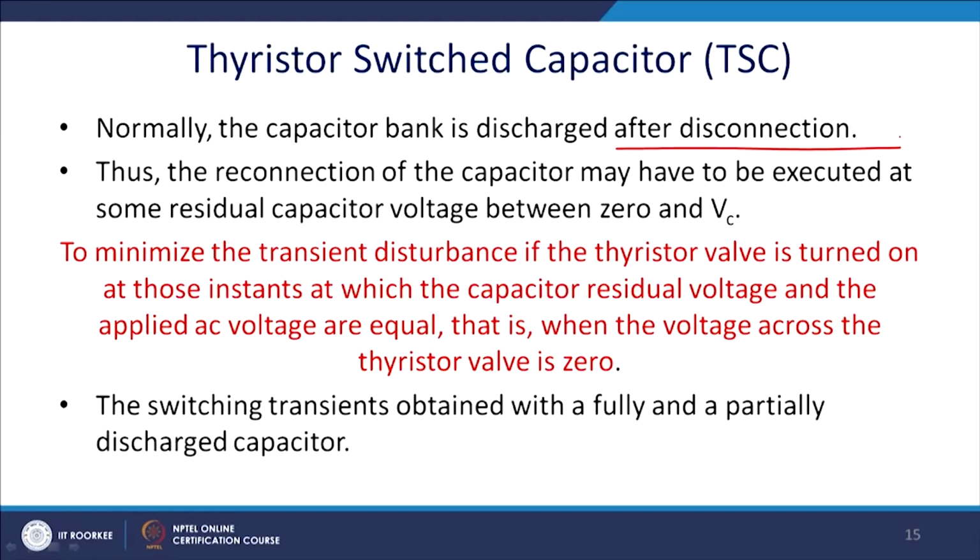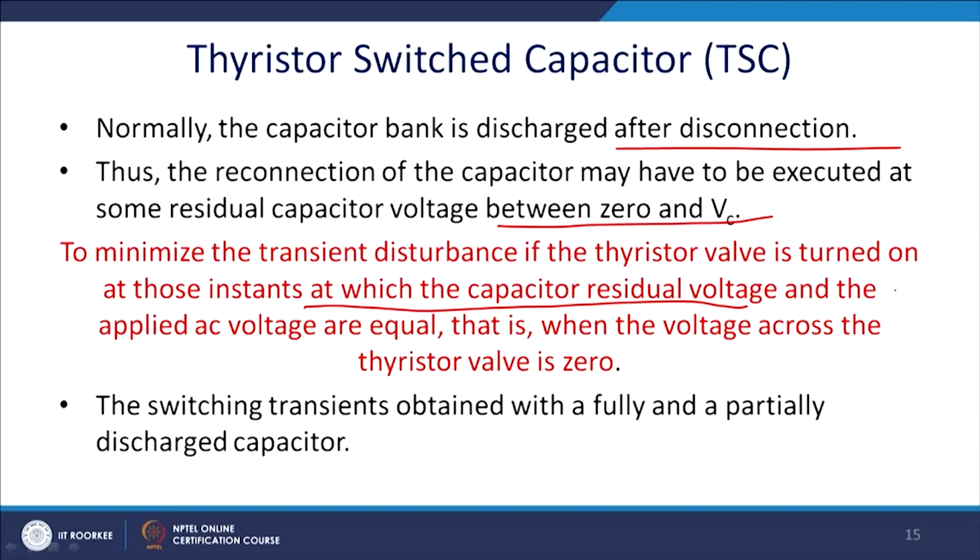So, generally we should discharge the capacitor. Normally the capacitor bank is discharged after disconnection. Thus, on reconnection the capacitor may have some residual voltage between 0 and some value Vc. To minimize the transient disturbance, if the thyristor valve is turned on at the instant at which the residual capacitor voltage and the applied voltage are equal, then we will find no transient.